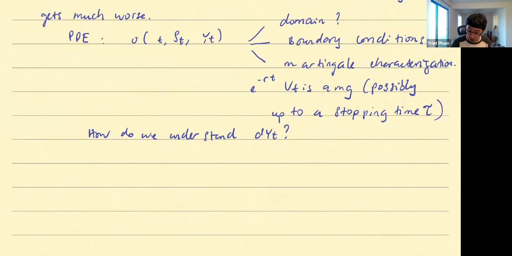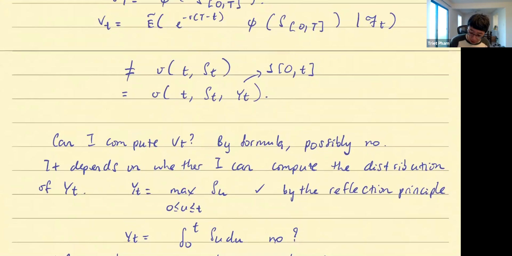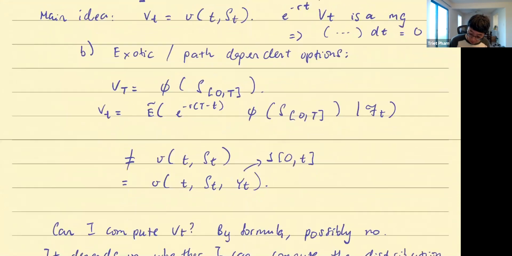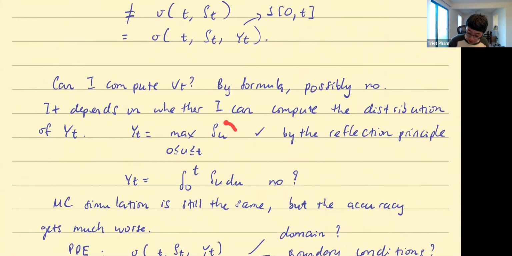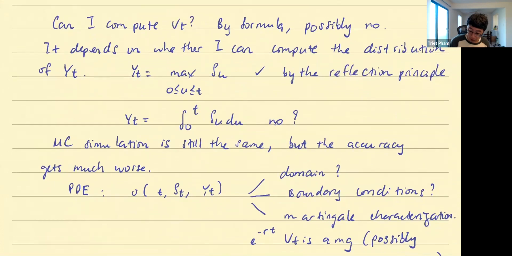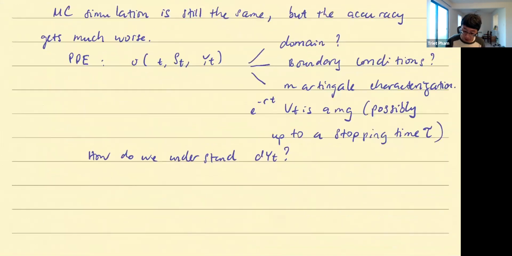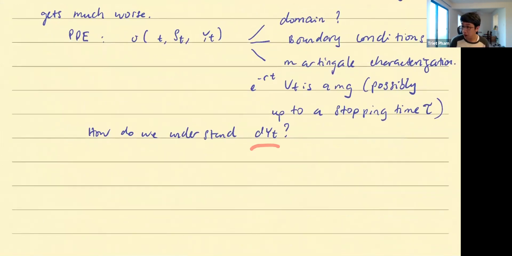Again, I did not emphasize this too much, but understanding DYT for the max is very different from understanding DYT for the integral. So that makes the PDE for the lookback option look very different from the PDE for the Asian option. Again, that has to do with the DYT.